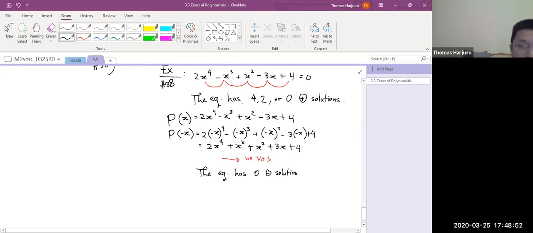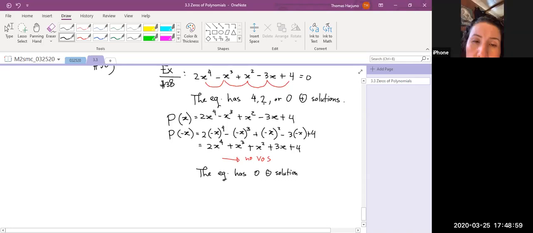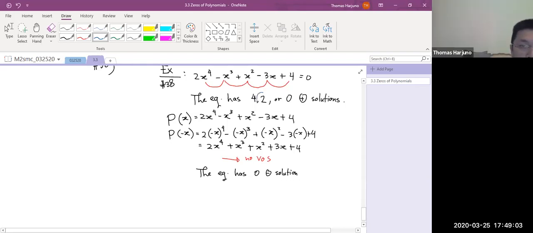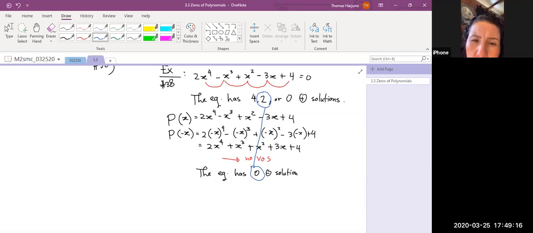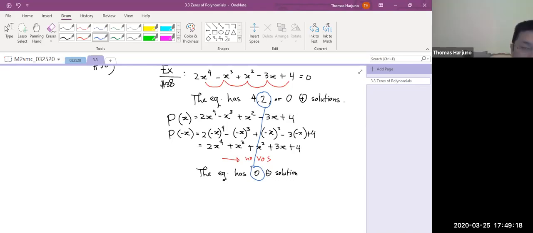It is possible that all 4 are positive. It is possible only 2 of them are positive. But if 2 of them are positive and 0 negative, how many of them are complex solutions? 2, because the total number of solutions should be 4, right?